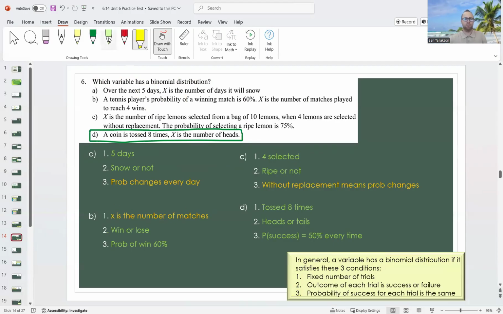This is not binomial distribution because they didn't tell us how many trials there are, right? They told us you can win or lose. That's obviously success or failure. And they did tell us the probability of winning is 60, so that's apparently going to stay the same. And they want to reach 4 wins, but they didn't tell us the number of matches. 4 wins out of how many matches?